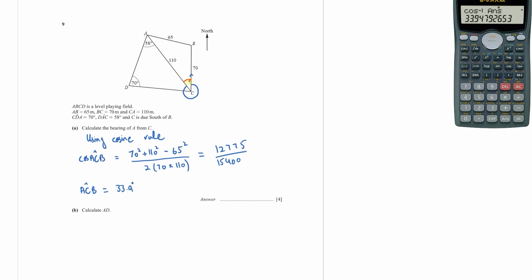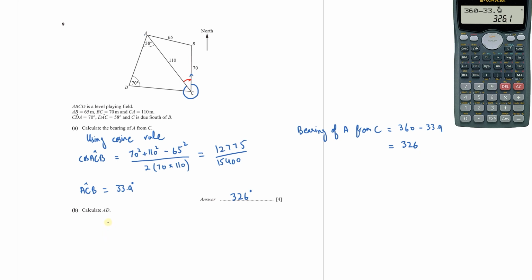Then I can calculate this angle, which is the bearing of A from C. Bearing of A from C will be 360 minus 33.9, which is 326.1. I can round it down to 326. So the bearing is 326 degrees.